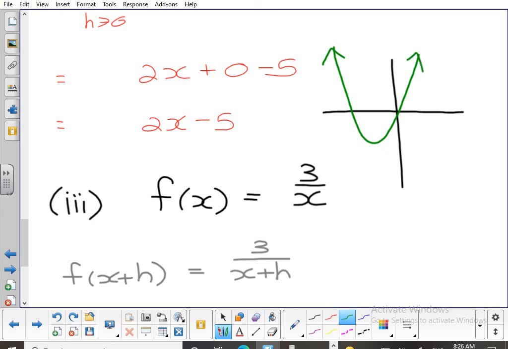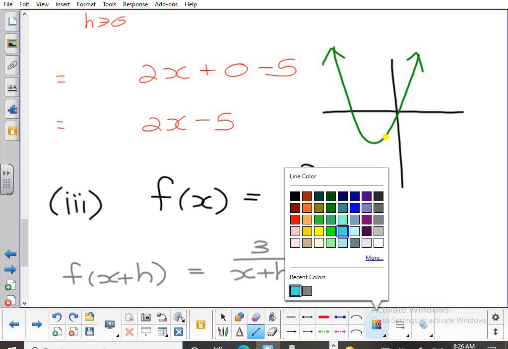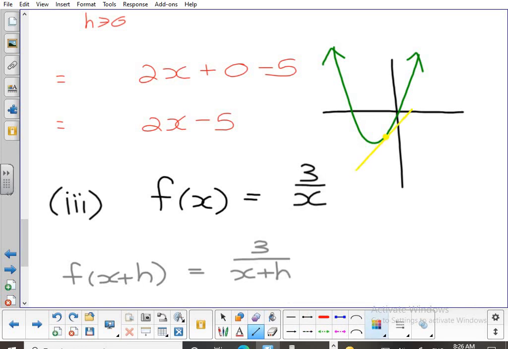There's my parabola. That derivative I can now use to find the gradient at any spot on that graph. So if I had to stop here and say, let's find the gradient at that spot. If I had to work out a tangent there, what would that gradient be?